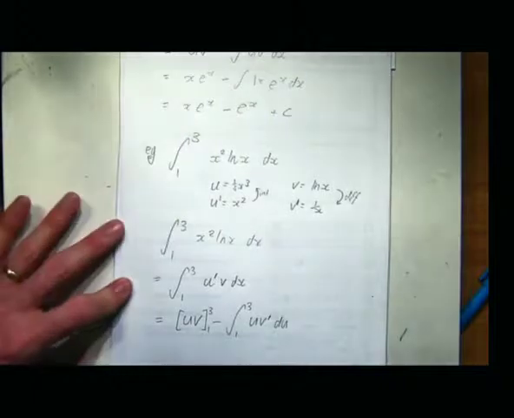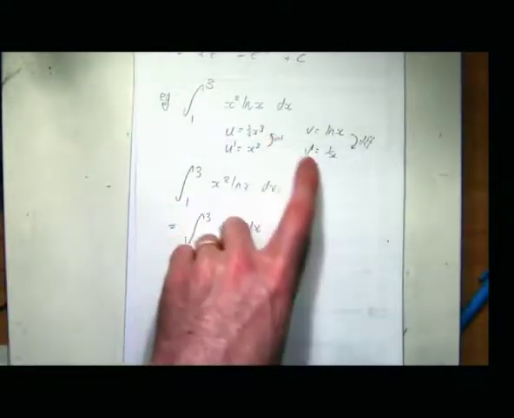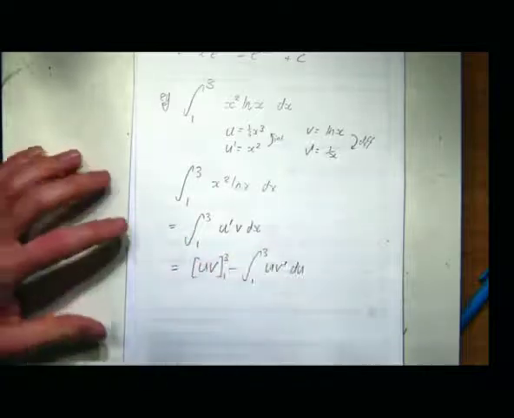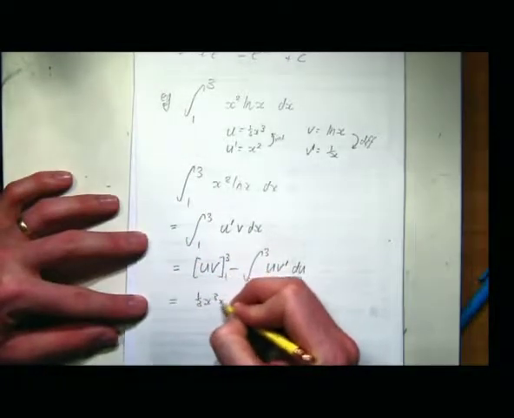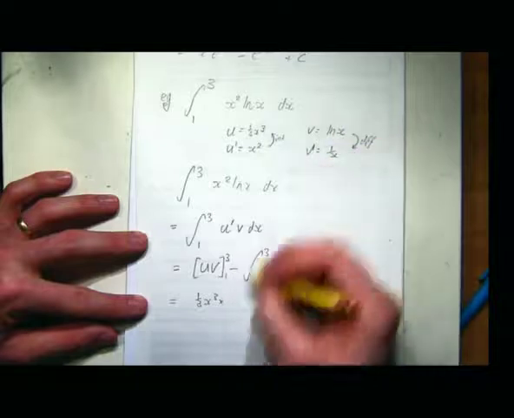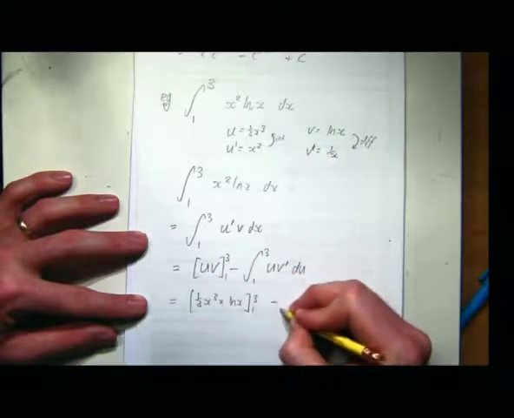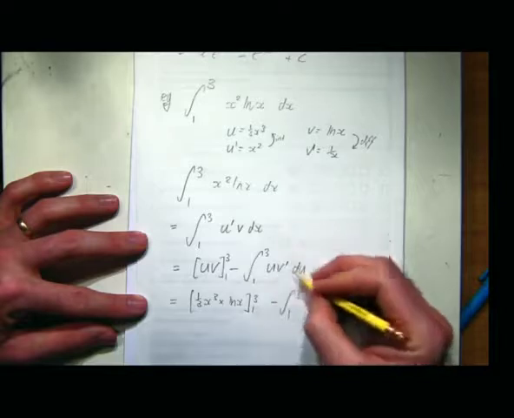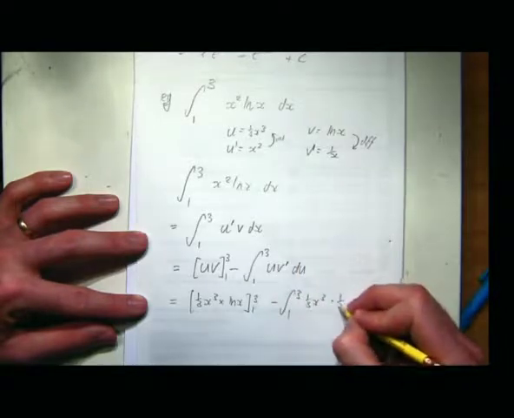And now I can go looking and sub everything in. So u is a third of x cubed, and v is ln x, from 1 to 3. U is still a third of x cubed, and v dashed is 1 over x.